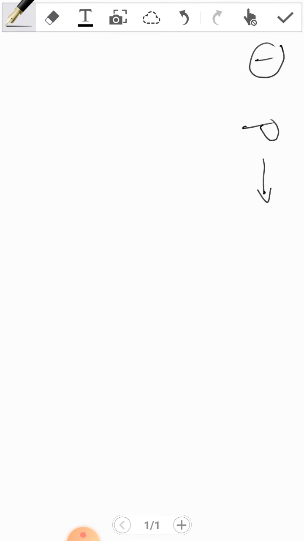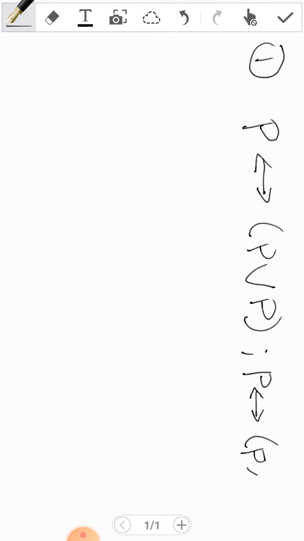We have P if and only if P or P, and the other one is P if and only if P and P. Though you will find here our biconditional connective, this compound proposition is simply telling us that P is logically equivalent to P or P.